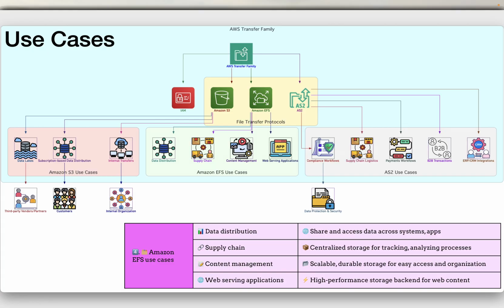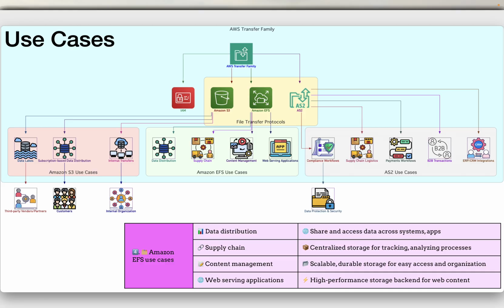Next is Amazon Elastic File System use cases. First one is EFS supports efficient data distribution, enabling organizations to share and access data across multiple systems and applications. Then EFS can be used for managing supply chain data, providing a centralized storage solution for tracking and analyzing supply chain processes.